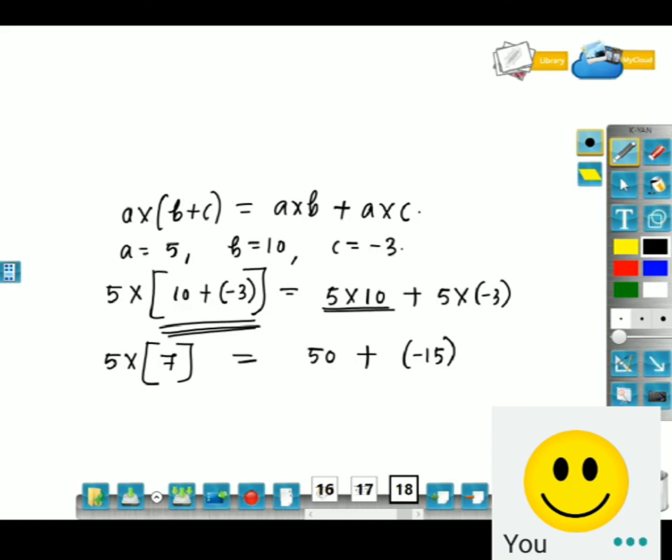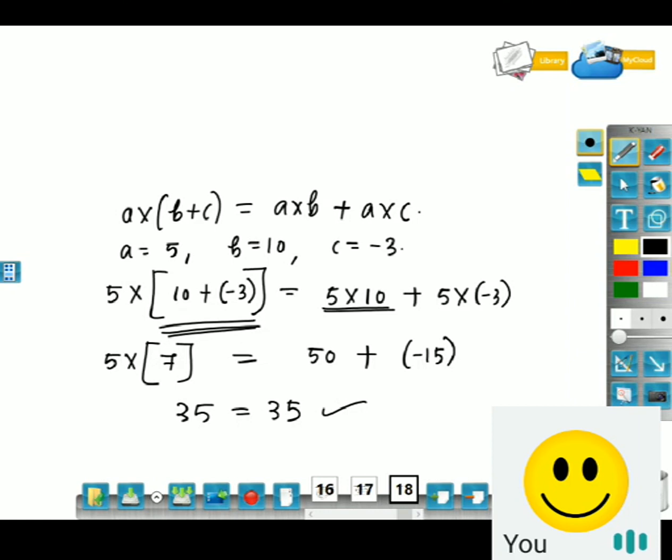Now 5 into 7, how much you will get? We will get 35, and 50 plus -15, again we are going to get 35. So your LHS and RHS are equal. So that means this property, that is distributive property, we can use it for multiplication over addition.